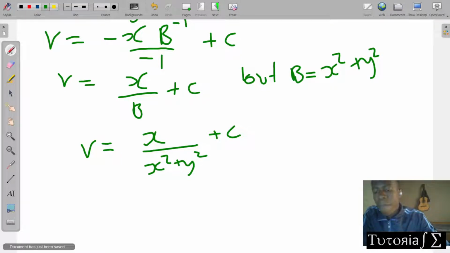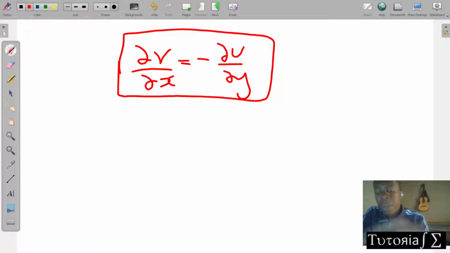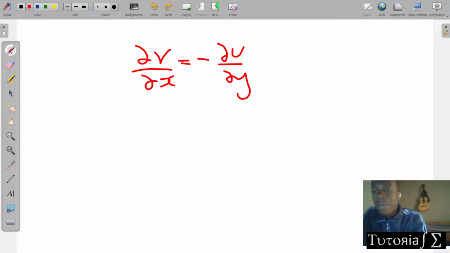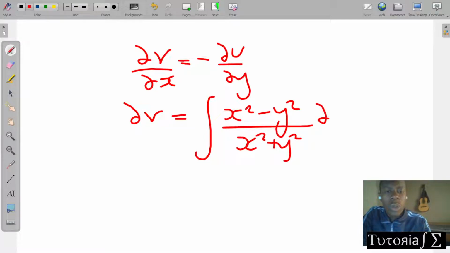Just a comment that I would like to add. You'll notice that I didn't use this equation, though it would produce the same answer. But after making the v, you will reach a point where you're going to have x squared minus y squared over x squared plus y squared with respect to x. If you're comfortable with integrating this, you can use this.